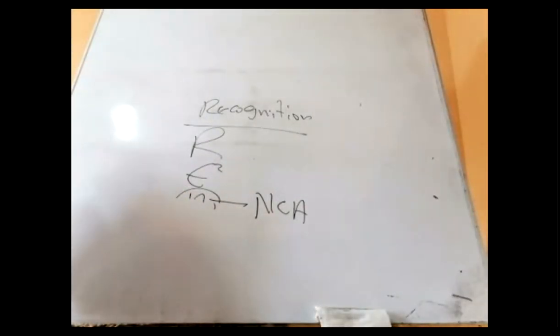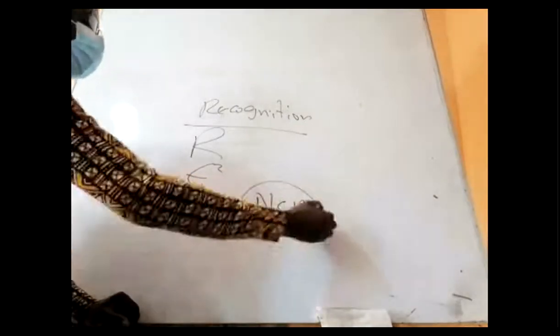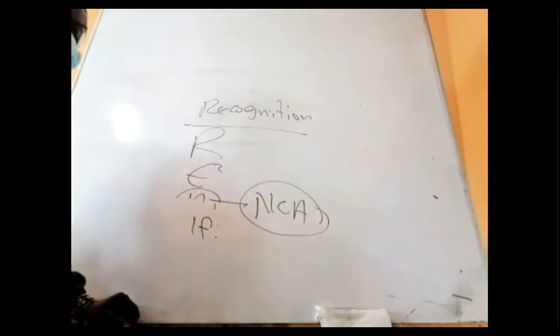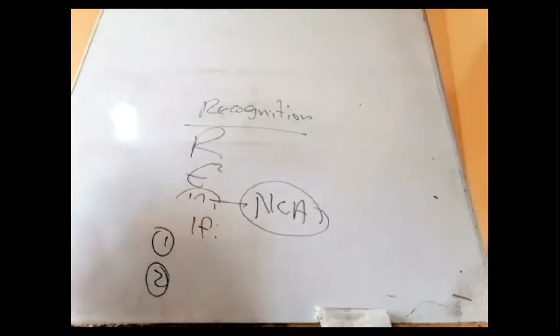What are the conditions? This is our second time of meeting these conditions, and we are going to meet them again for the third time. Investment property should be recorded as a non-current asset if the two conditions are met. Condition number 1: it is probable that future economic benefits embedded in the investment property will flow to the entity.